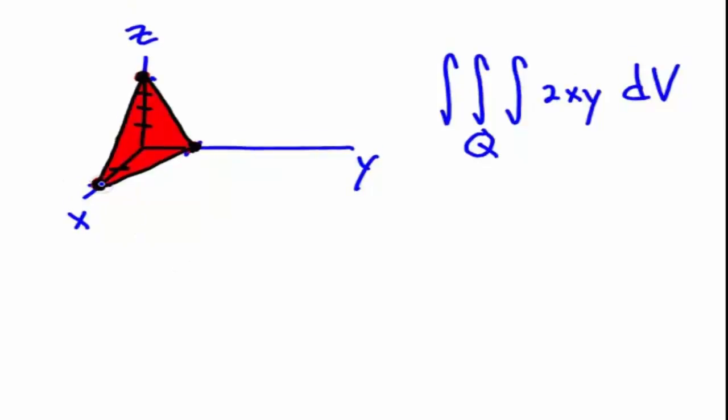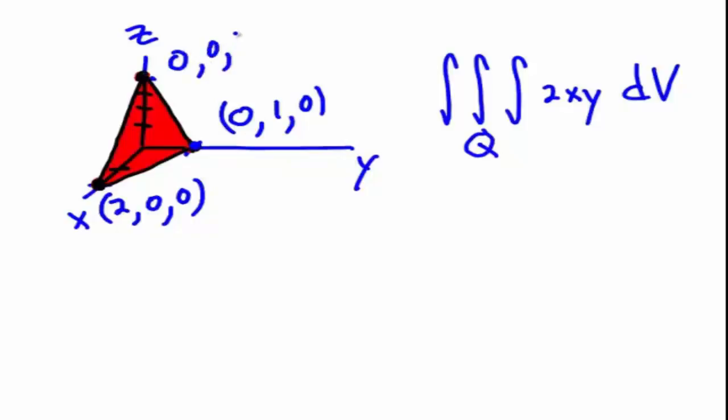Well, this vertex here is (2, 0, 0). This one is (0, 1, 0). And this one is (0, 0, 4). And then the one in back at the origin is, of course, (0, 0, 0).